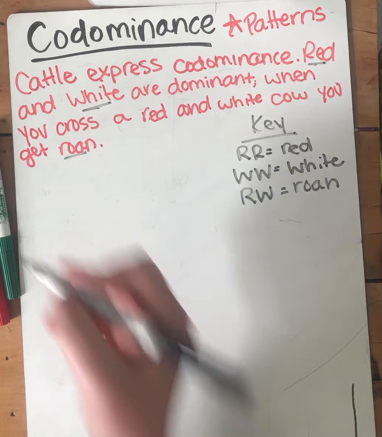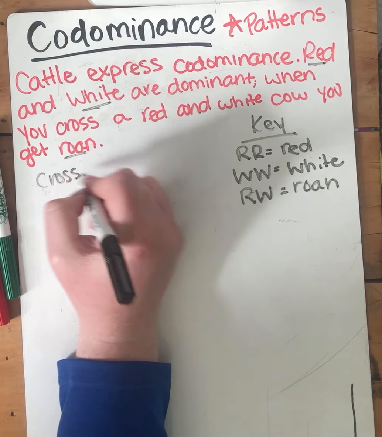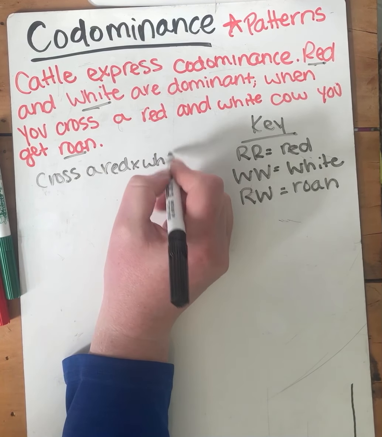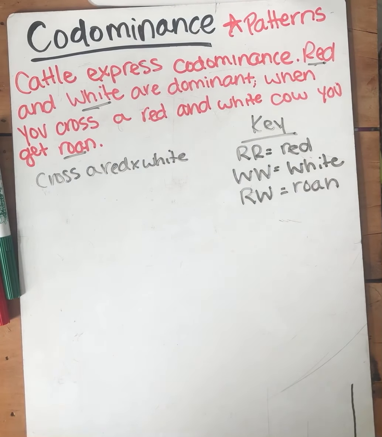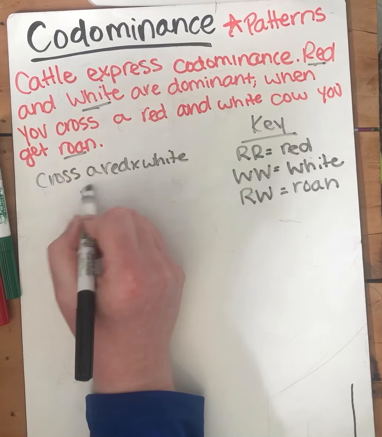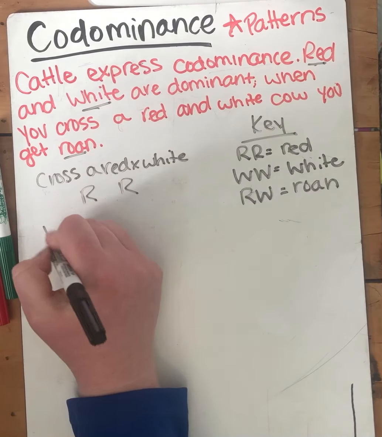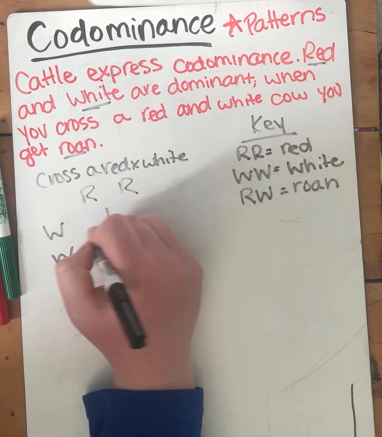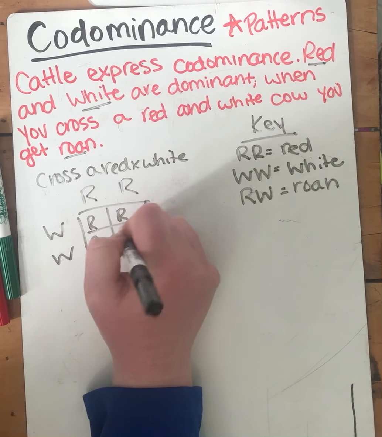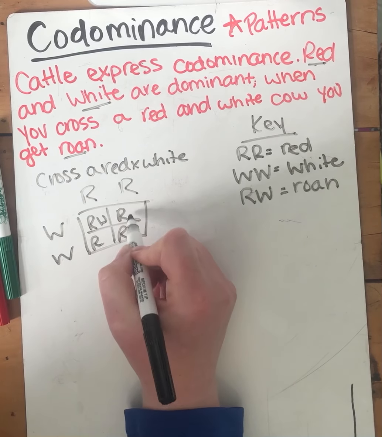So if we did a Punnett square, and we're to cross a red and a white cow, all you would get is actually a whole generation of roans. So here's red, here's white. If we did this Punnett square, bring your R's down, bring your W's across.